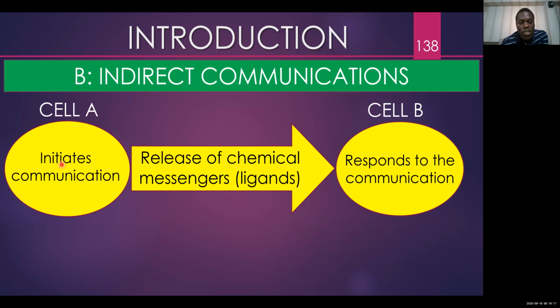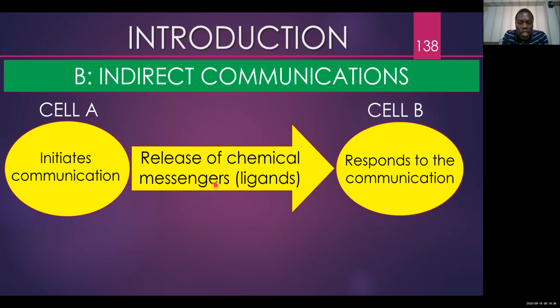For these two cells to communicate, yet there is physical distance between them, it means that the cell that initiates the communication will communicate using chemical messengers. And that's the whole point about indirect communication.